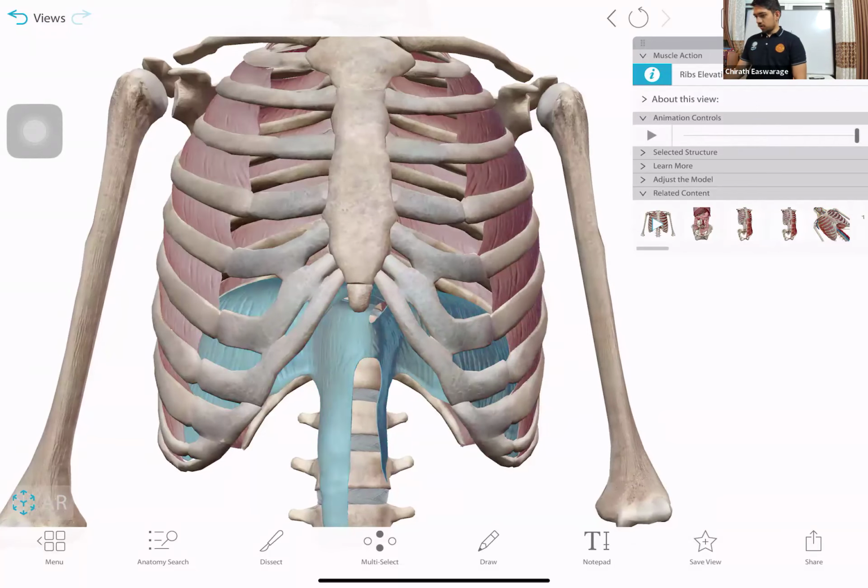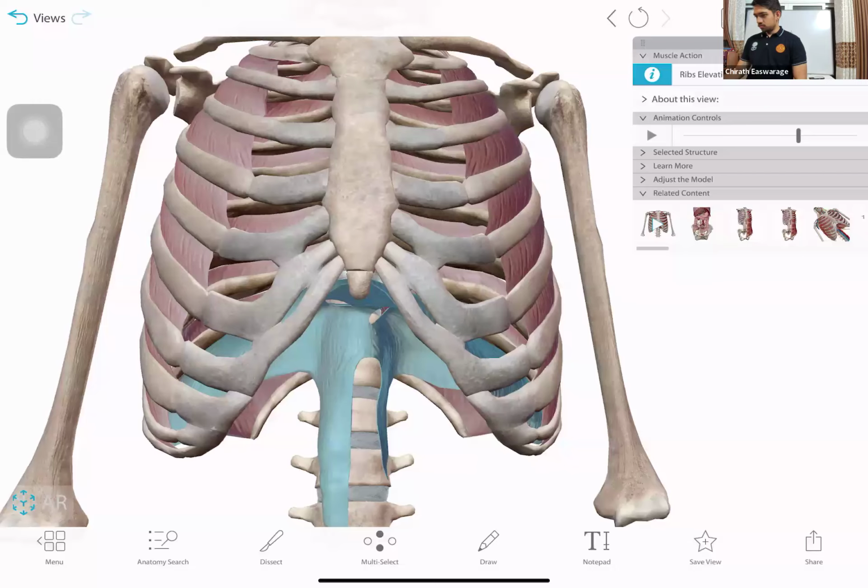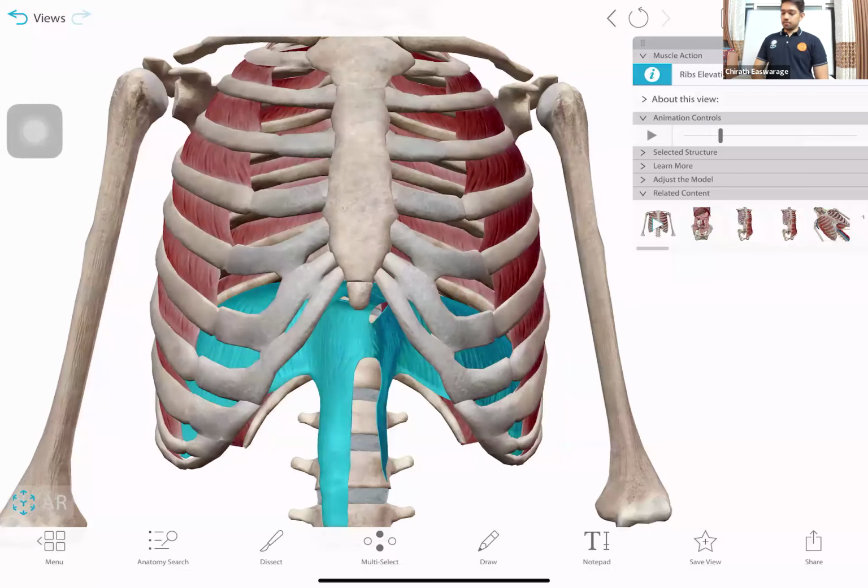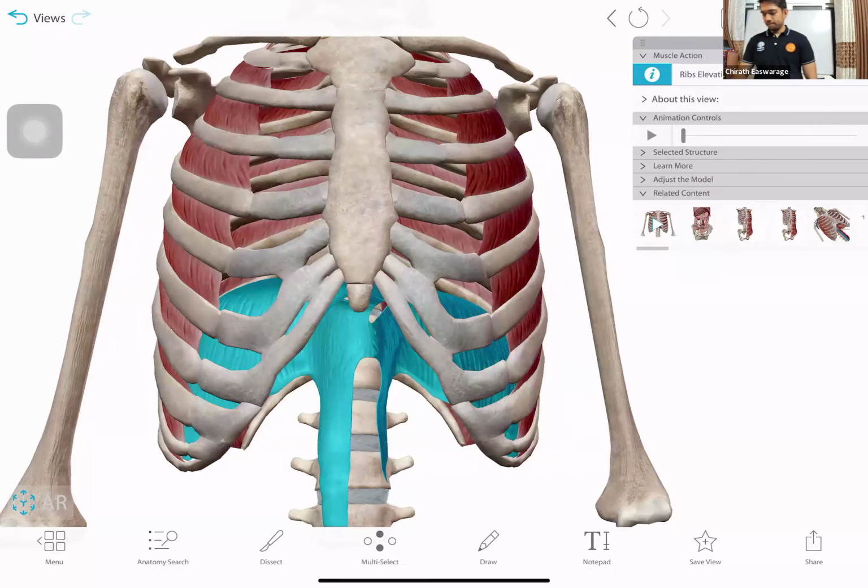Getting flat, getting curved. Breathing in and out. Is that clear? That is the mechanism of ventilation, how we breathe in and out, inhalation and exhalation.